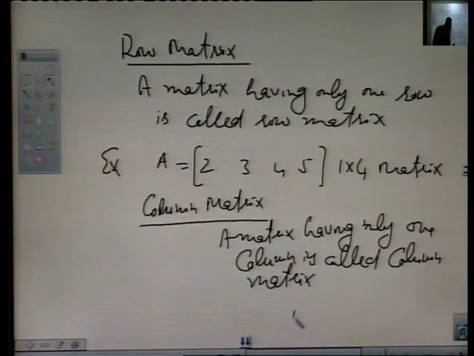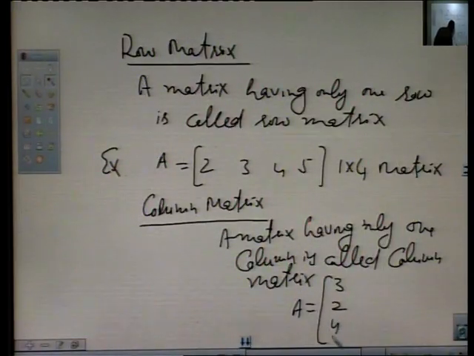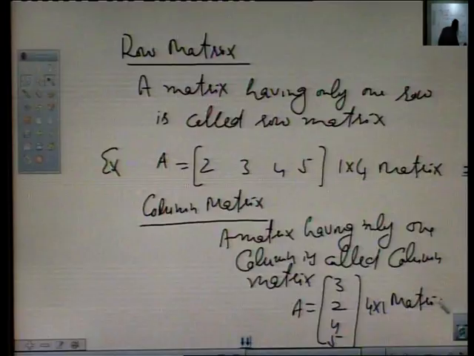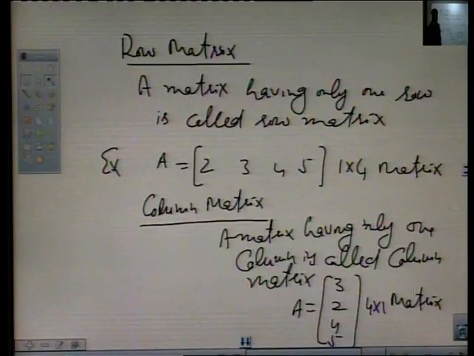For example, matrix A. This is first row, second row, third row and fourth row, and there is only one column. This matrix is called a column matrix.